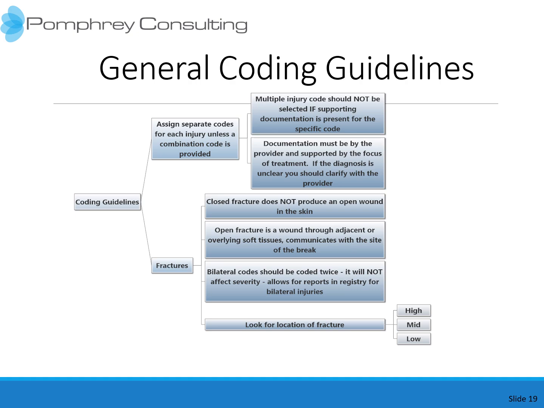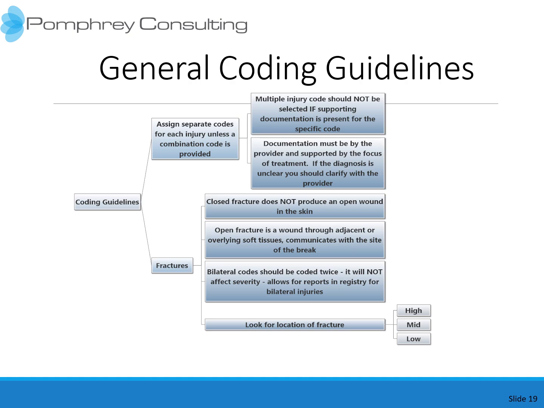That's going to help you know how to correctly use the ICD-10 code book. So here's an example of a coding guideline when it comes to coding fractures. We will talk in the next lecture about certain keywords that you will see in your alphabetic index that guide you to locate the correct code. We will go into this table in more detail. I'm just going to go to the first box here, where one of the coding guidelines is to assign separate codes for each injury unless a combination code is provided. That's a guideline.